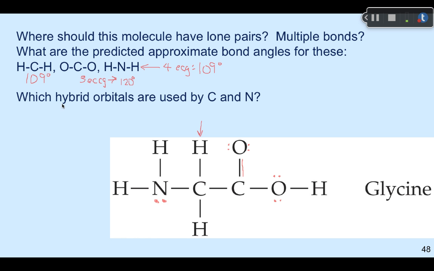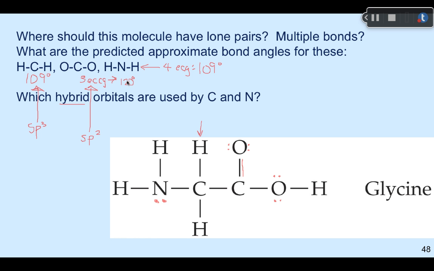So what if you have that much information? Which hybrid orbitals correspond to these carbons? Well, when you have 109 degrees with 4 charge clouds for the first carbon, that should be sp3. And the second carbon has 3 charge clouds and 120 degree angles, that should be sp2.